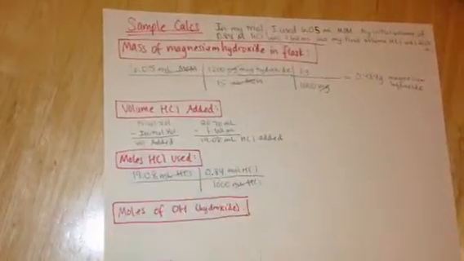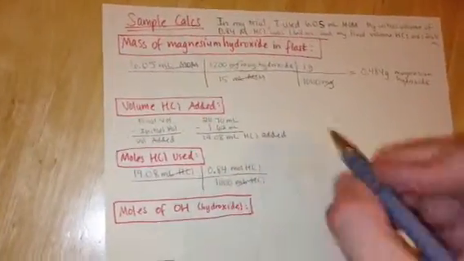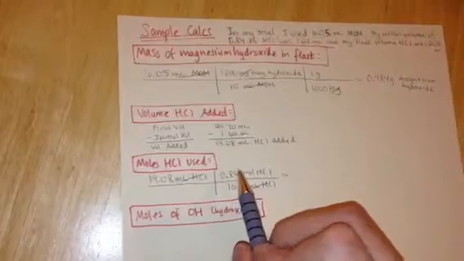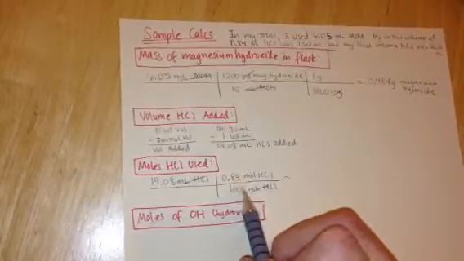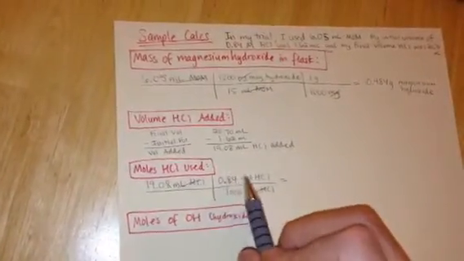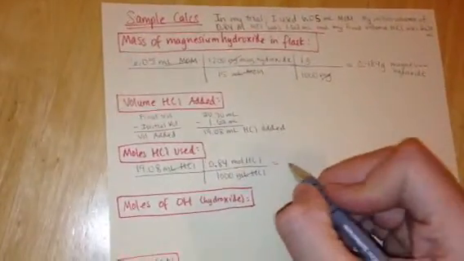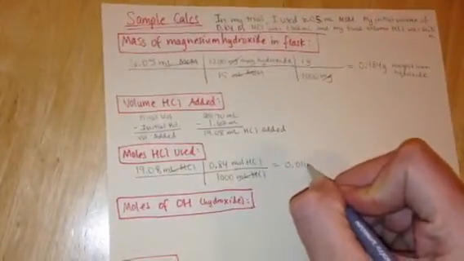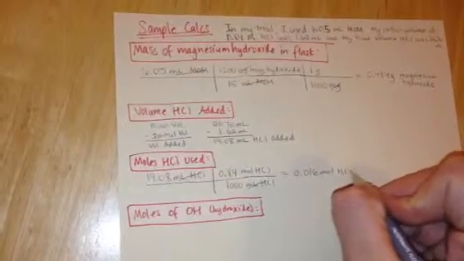So the milliliters of HCl cancels out, and you get moles of HCl. Going to 2 significant figures, this is an exact number and this has 4, so we'll go to 2 significant figures. This works out to be 0.016 moles of HCl.